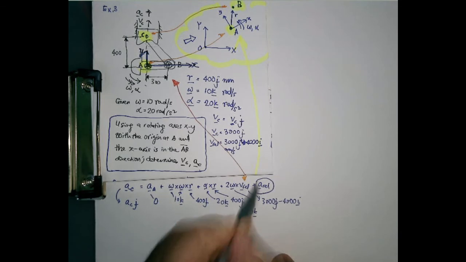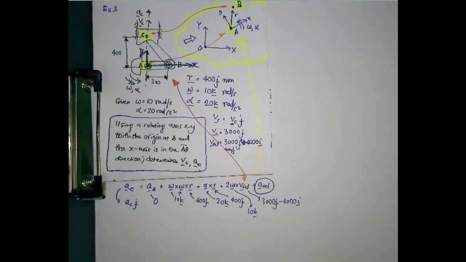This one we really do not have for the time being. So we have two unknowns here, A relative and AC, and we have to find ways to solve it.